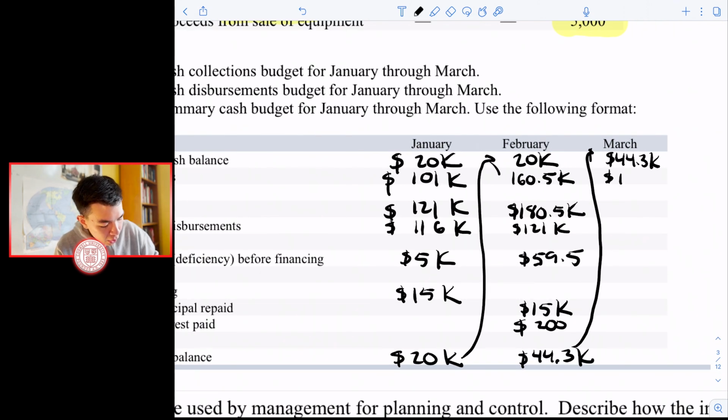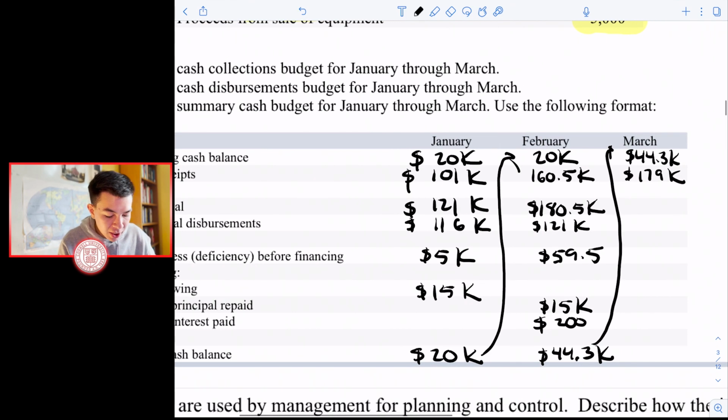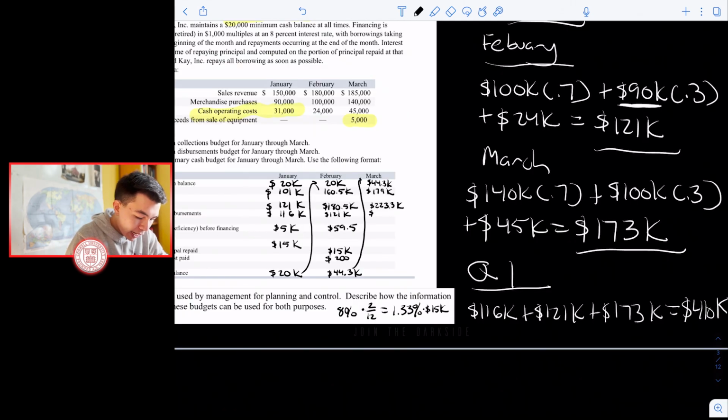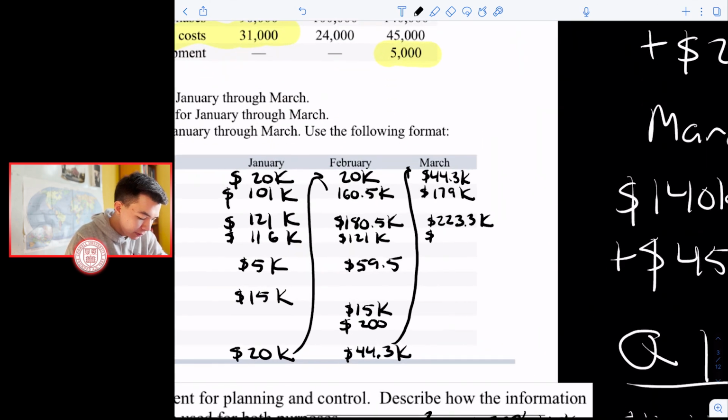We made $179,000 in March, or we collected that much cash in March. So I'm going to add that up, and I get 223.3 thousand. And we know that we have some cash disbursements, which we calculated in part B. So we had 173,000.